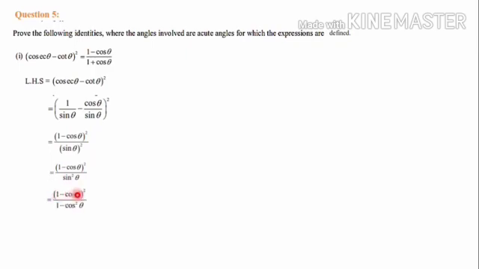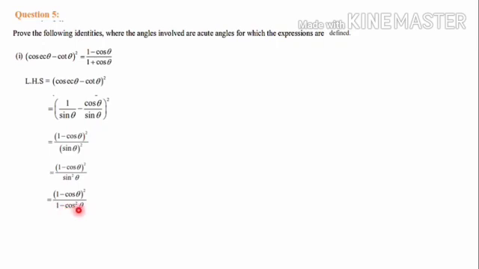Then 1 minus cos theta the whole square divided by sin square theta we don't want in the right hand side. So we have to convert into cos. Sin square theta, by using identities we can write it as 1 minus cos square theta. That is equal to, the denominator, when you check, is in the form a square minus b square.